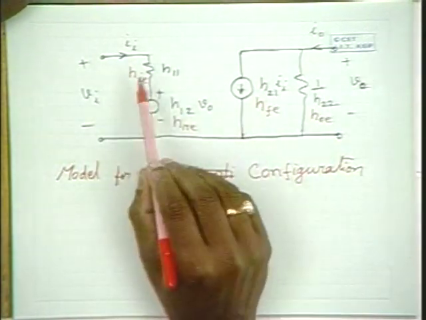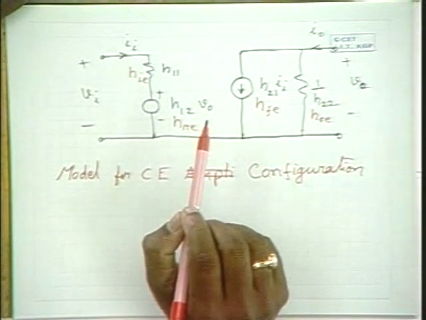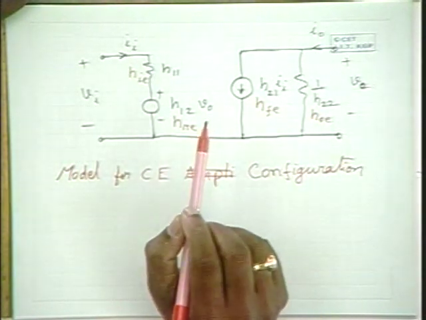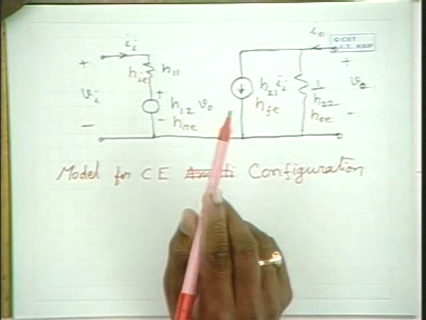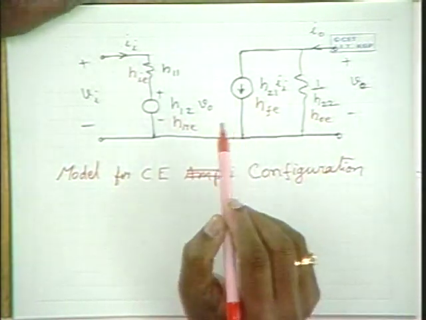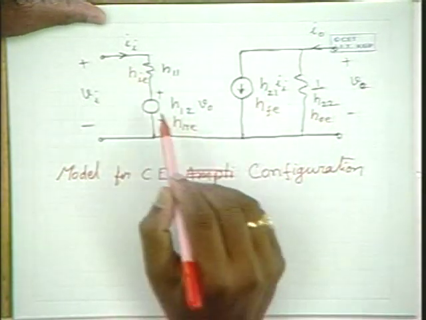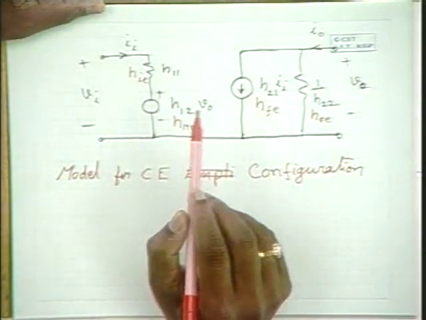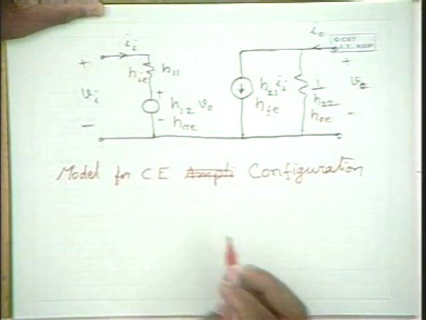So please note that this model is slightly different from the RE model which we have seen. I will discuss the comparison a little later, and now let me discuss the typical values for these parameters.